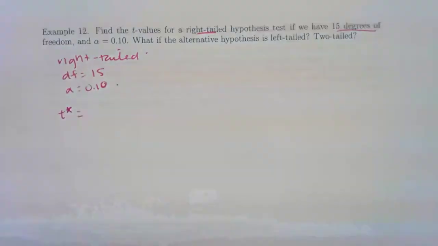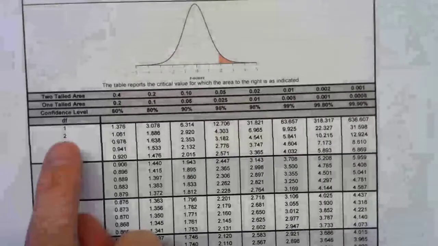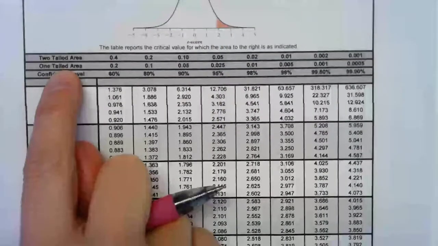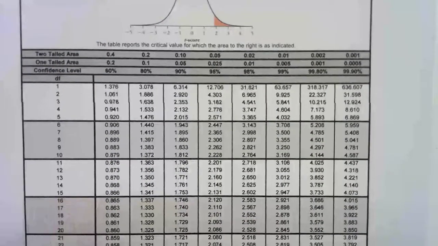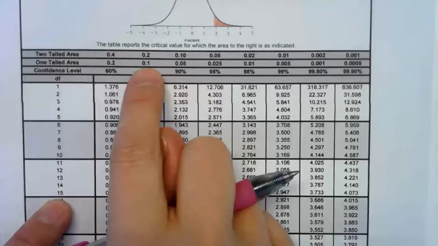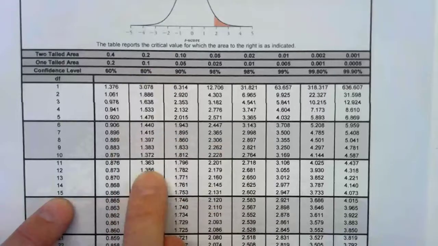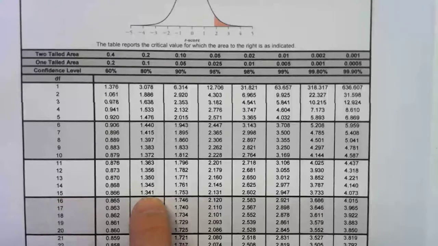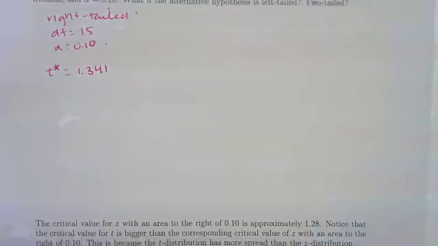Our critical value we call T star. A right-tailed test is a one-tailed test. DF is 15 and alpha is 0.1. So be very careful you're writing 0.10, not 0.01. They're very easy to confuse. And so the critical value is 1.341. Because this is a right-tailed test, that's it.